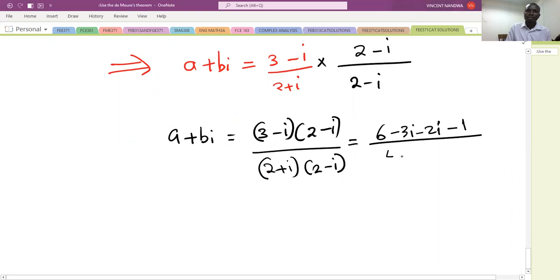For the denominator, 4 minus 2I plus 2I, plus times minus is minus, but I times I is negative 1, so plus 1.